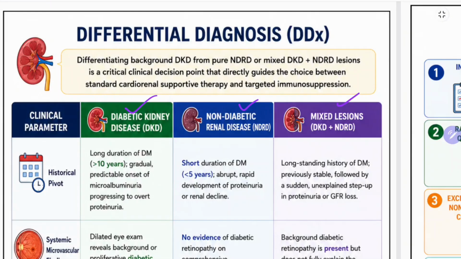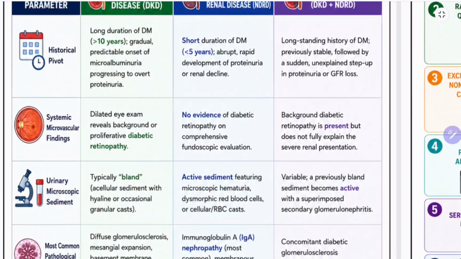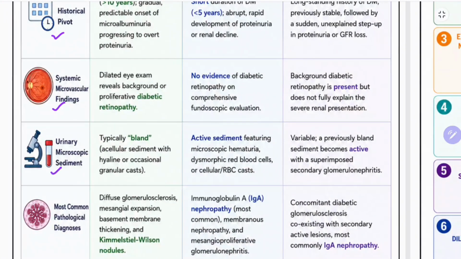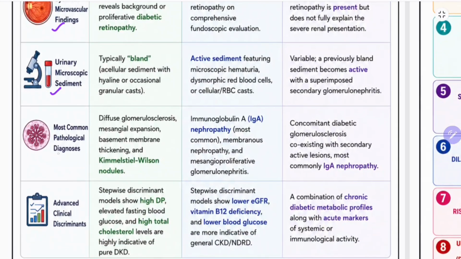Differentiating background DKD from pure NDRD or mixed DKD plus NDRD regions is a critical clinical decision point that directly guides the choice between standard cardiorenal supportive therapy and targeted immunosuppression. So to differentiate, we need history, systemic microvascular findings, that is fundoscopy, urinary microscopic sediment, that is urinary microscopy, biopsy in some cases, and some advanced clinical discriminants.